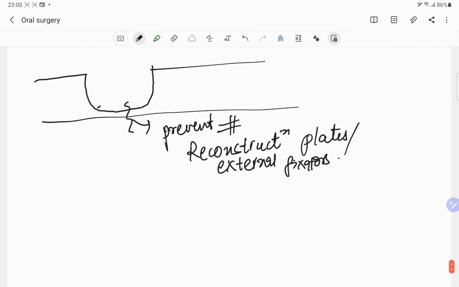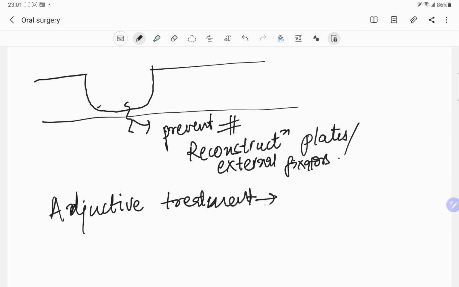Also, if the systemic antibiotic therapy is not working, we can give adjunctive treatment, which is basically local antibiotic therapy in high doses.